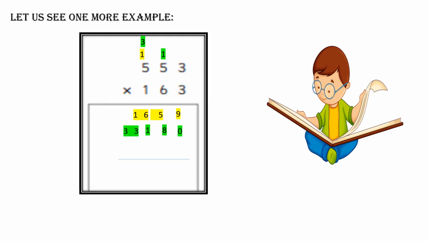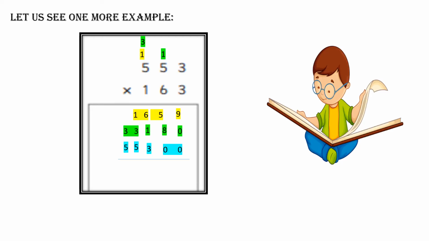Now I am supposed to multiply 553 into 1. 1 is in hundreds place. So I'll place 2 zeros in ones and tens place and then start writing the product of 553 and 1 from the hundreds place. So 1 into 3 is 3. 1 into 5 is 5. 1 into 5 is 5.